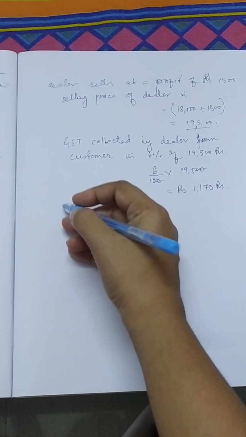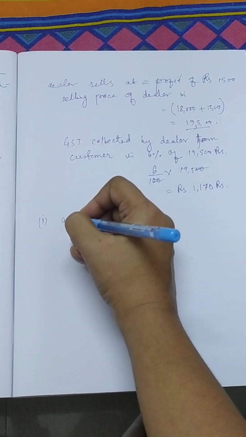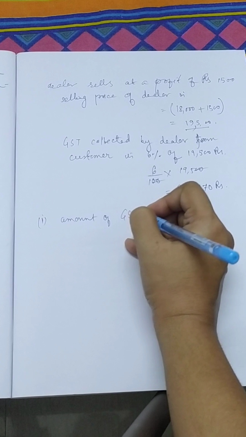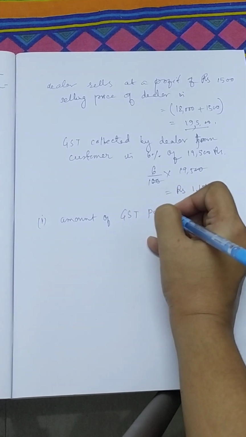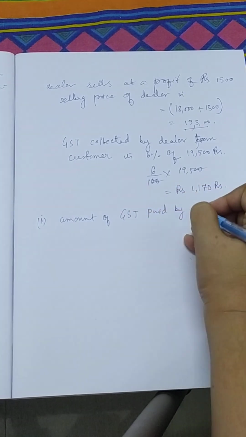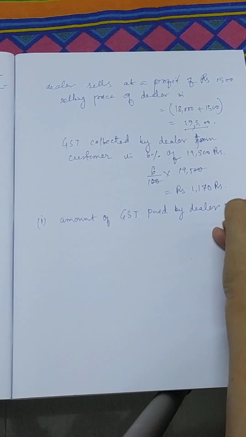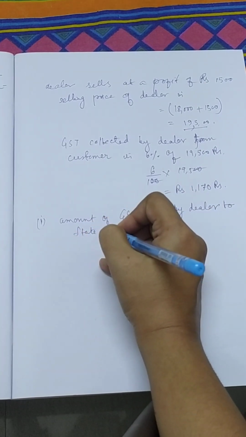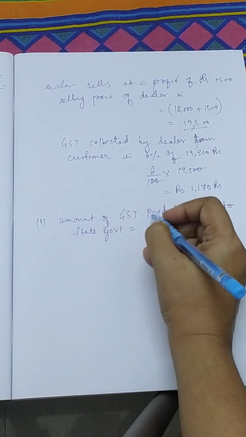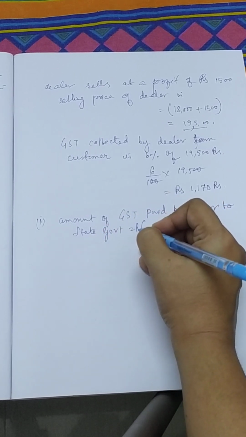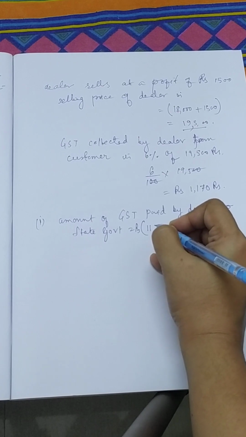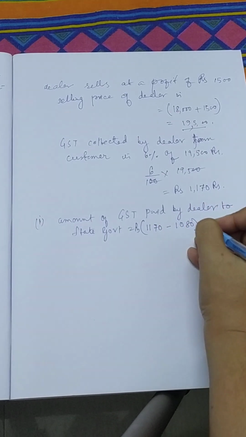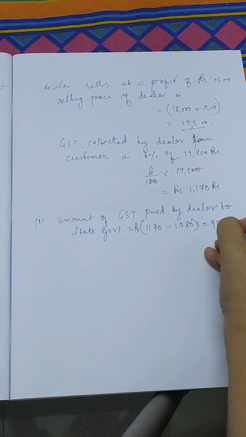So the amount of GST paid by the dealer to the state government is rupees 1170 minus 1080 rupees, that is rupees 90.